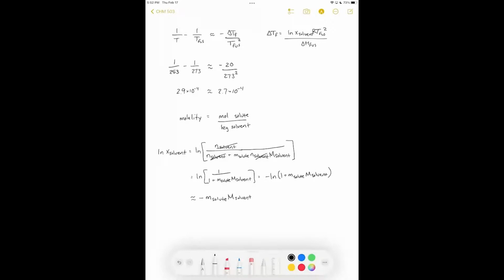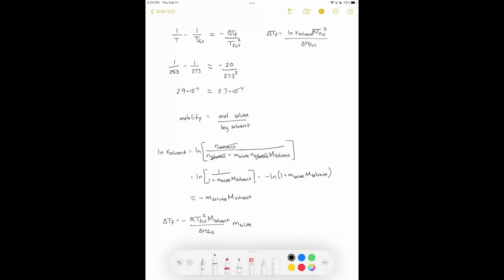We can plug this back in for the natural log of the mole fraction of solvent to give us that the change in the temperature of fusion, so the change in the melting point, is equal to negative R times the original melting point squared times the molar mass of the solvent over the enthalpy of fusion squared. And now we take this and multiply this by the molality of the solute.